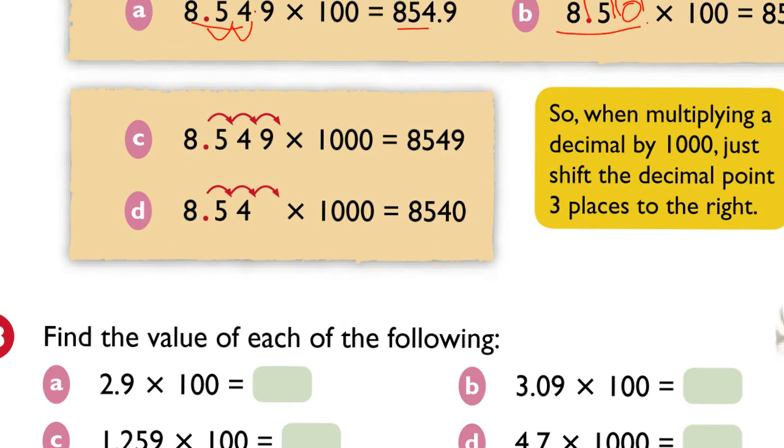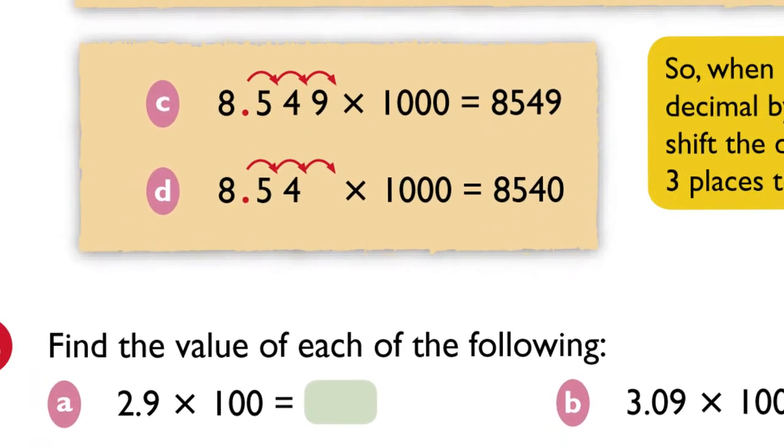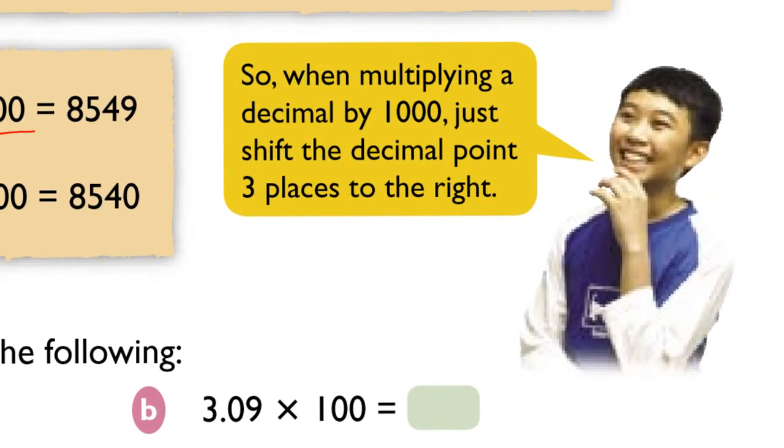Now what about 1000? Questions C and D show you how to multiply by 1000. Can anybody make a guess how many places you must move? Yes, you move 3 places. You are correct. When multiplying a decimal by 1000, you have 1, 2, 3 zeros, so you shift the decimal point 3 places to the right.